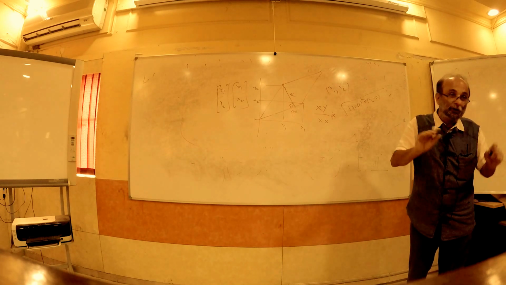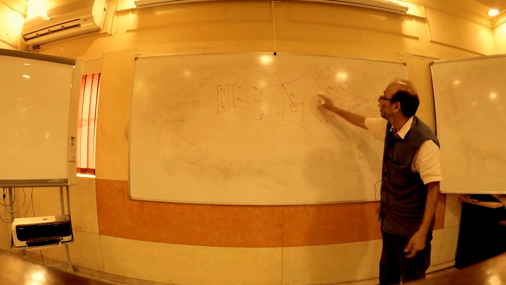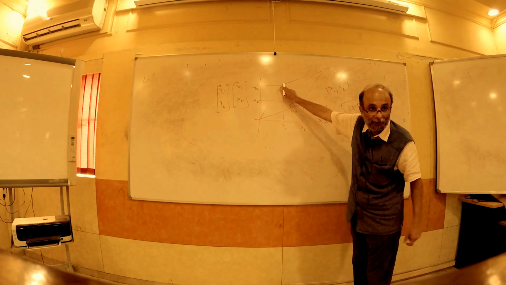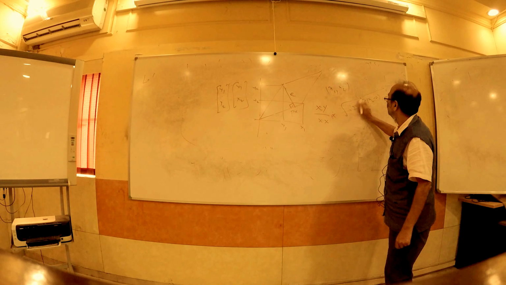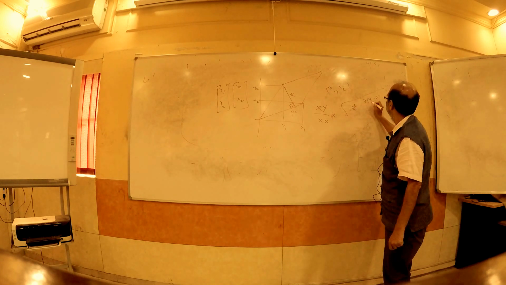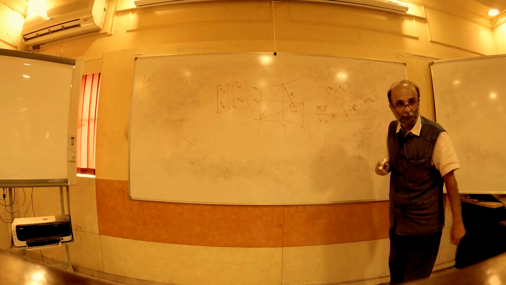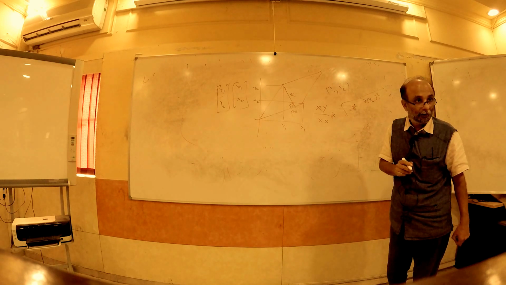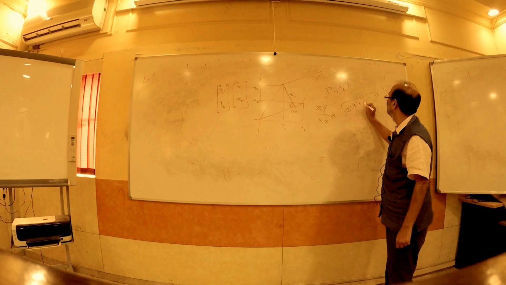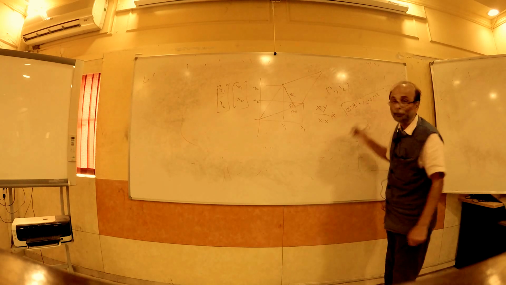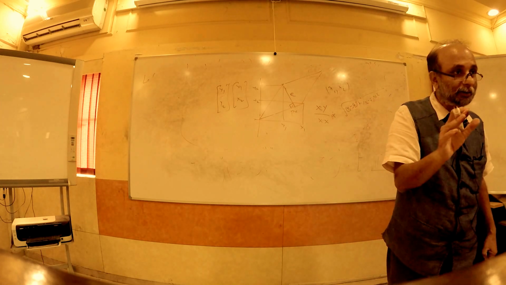So the norm of this will simply be y1 square plus y2 square, or in my modified version, y1 minus y bar square plus y2 minus y bar square. That's how I have defined my y as an axis.